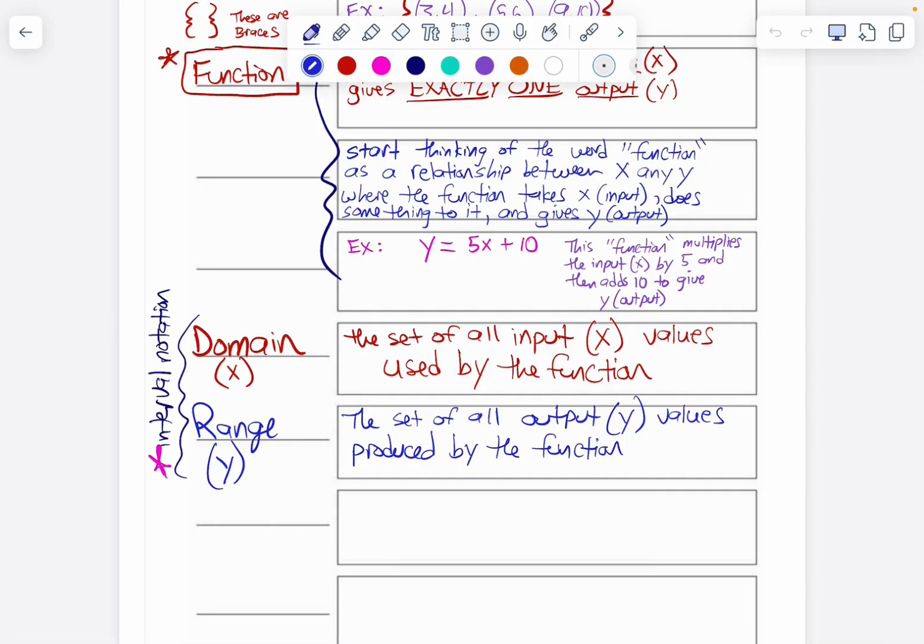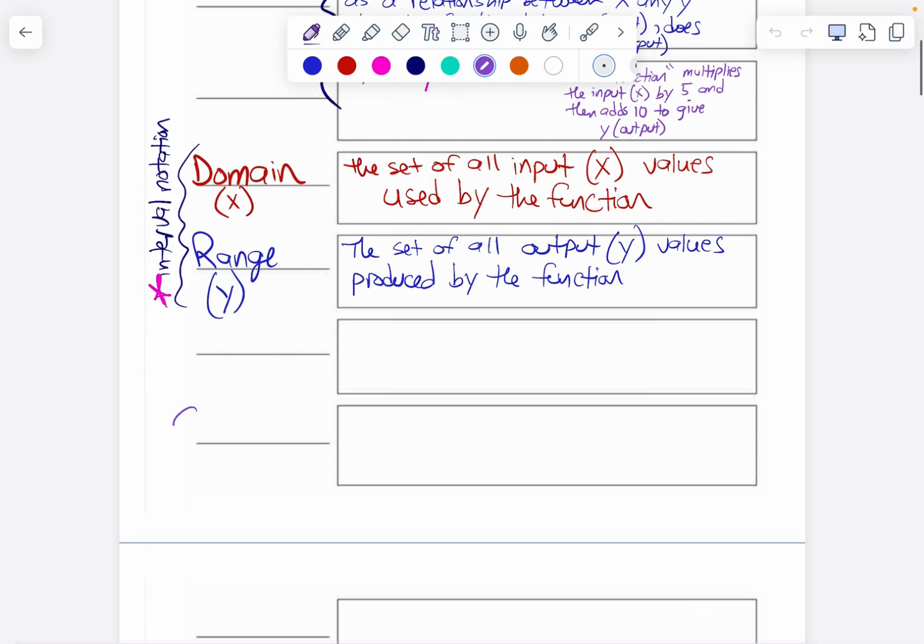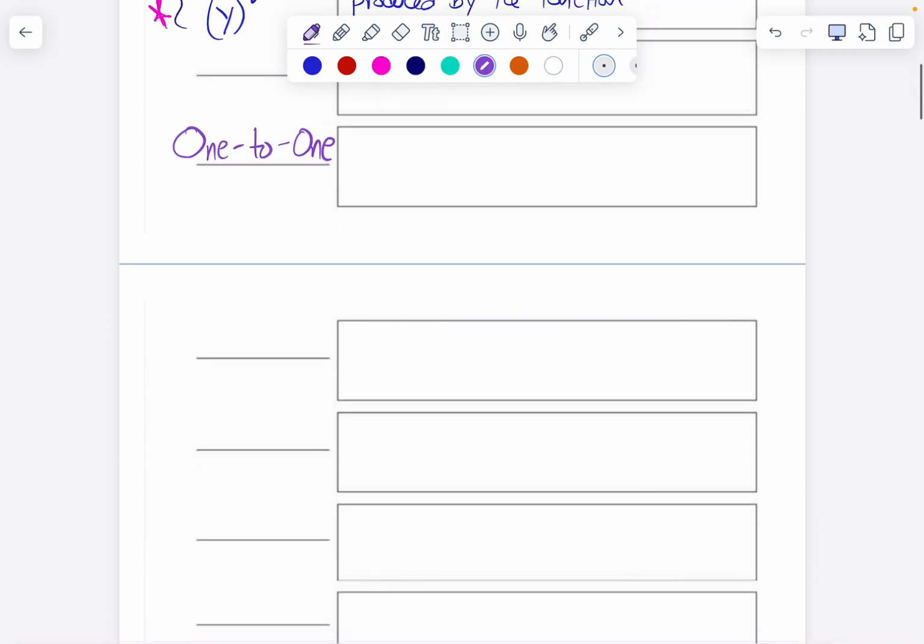I kind of wish I had left room to write this, but oh well. Okay, one-to-one function.